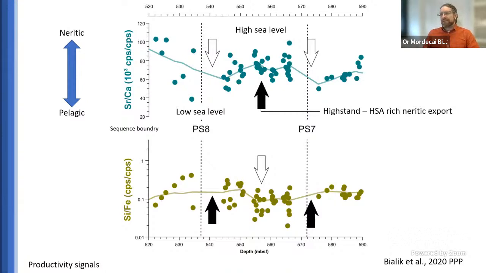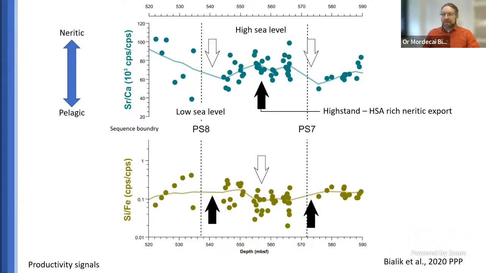And we can see that in between the sequence boundary, when sea level is high, there's more export of high strontium aragonite, which is to be expected because the platform is flooded and we have more production area. And when we get close to the sequence boundaries, it drops as that productivity diminishes. So this traces sea level, which is primarily orbitally controlled during this part of the Miocene.